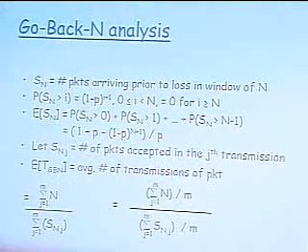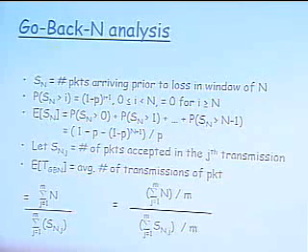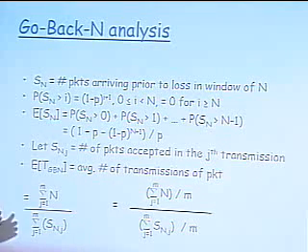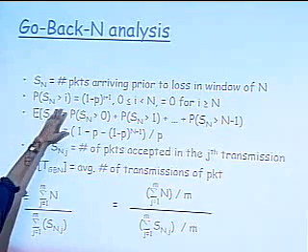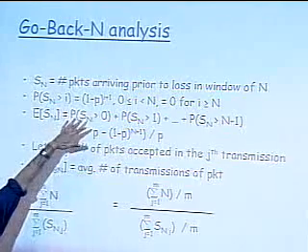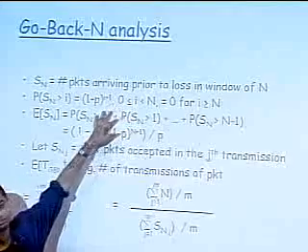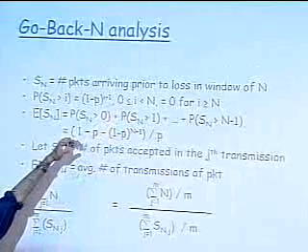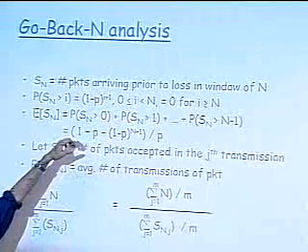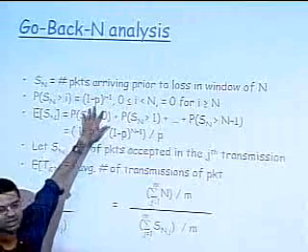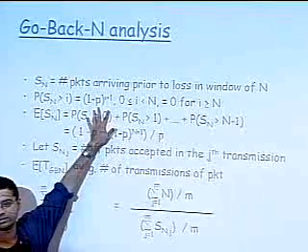What is the probability of one packet being delivered? 1 minus p. So the probability of greater than I being delivered is (1 minus p) raised to I plus 1. Is this factor clear why we have this?